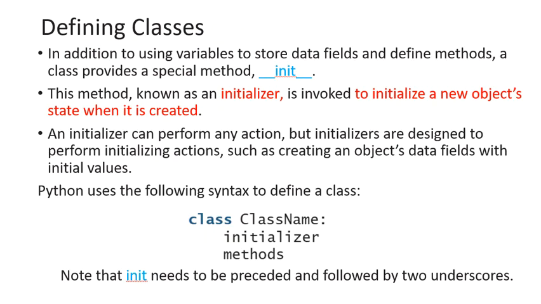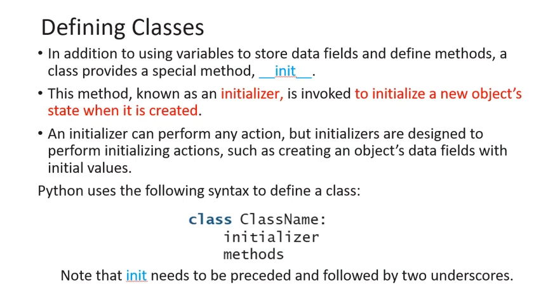Defining classes. In addition to using variables to store data fields and define methods, a class provides a special method which is known as the init method. This method is also known as the initializer, that is invoked to initialize a new object's state when it is created.